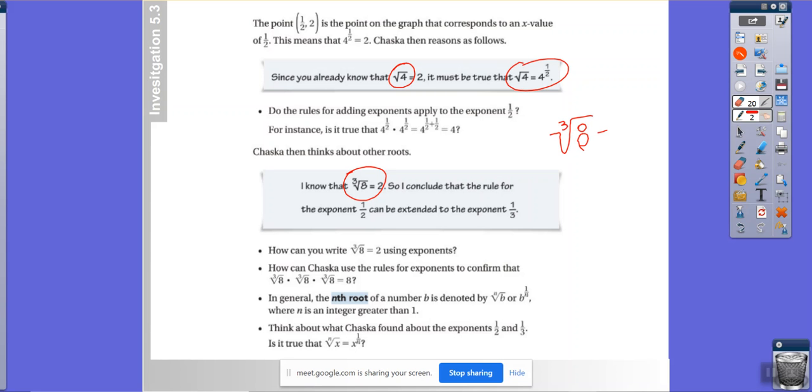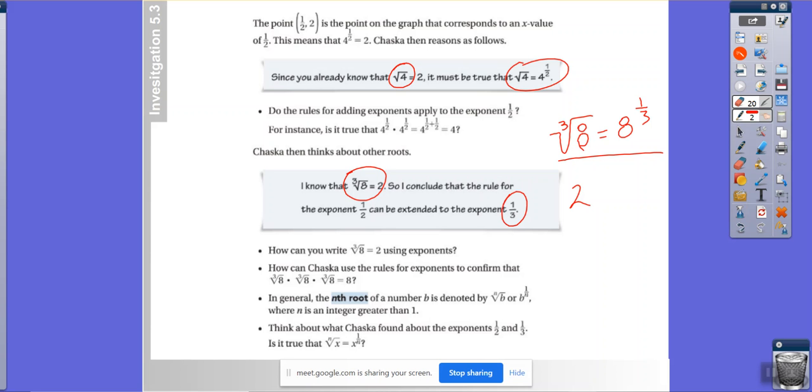Okay, the cube root of 8 is 2, because 2 times 2 times 2 is 8. If I were to turn this into an exponent, well, if 1/2 was taking the square root, what would be the cube root as a fraction? 1/3. And yeah, it's right here too.